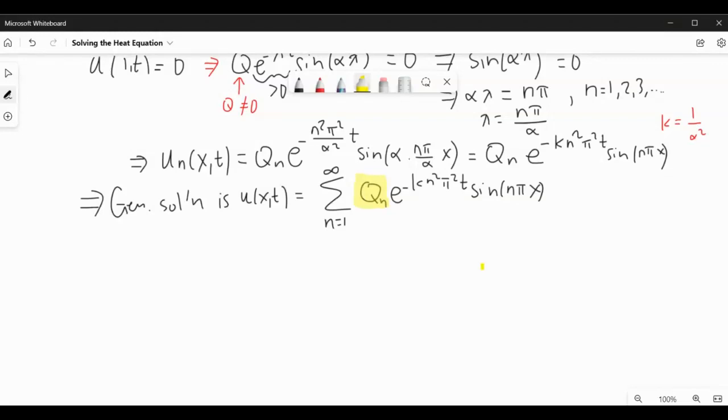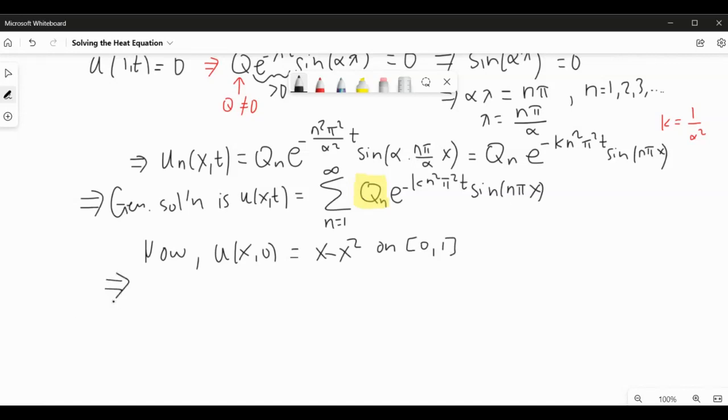So now we can use the last condition in our heat equation. So we are also given that u of x,0 must be equal to x minus x squared on the closed interval 0, 1.